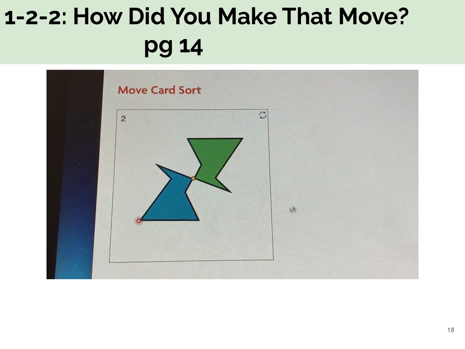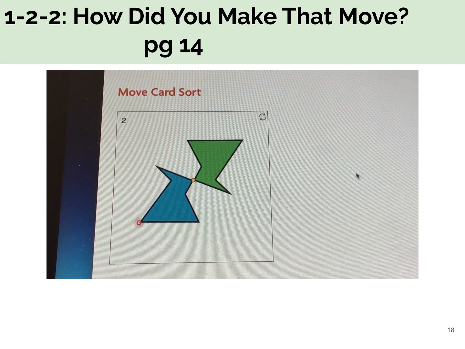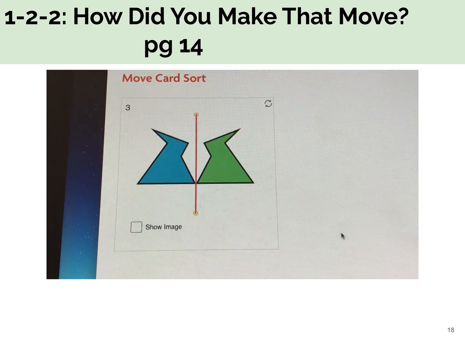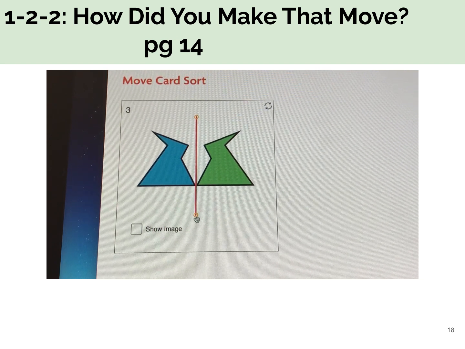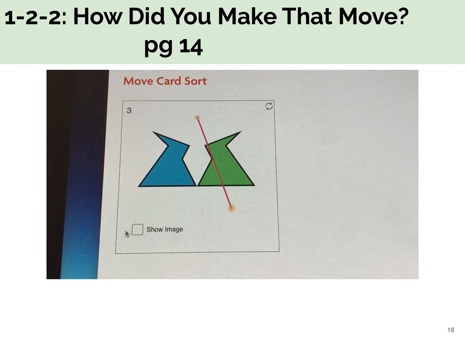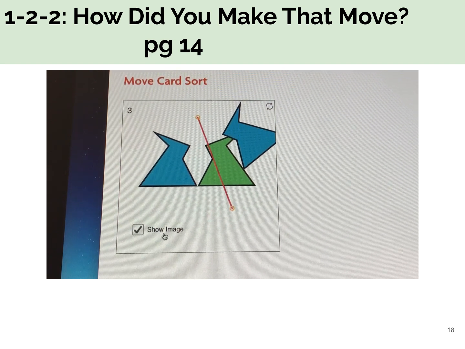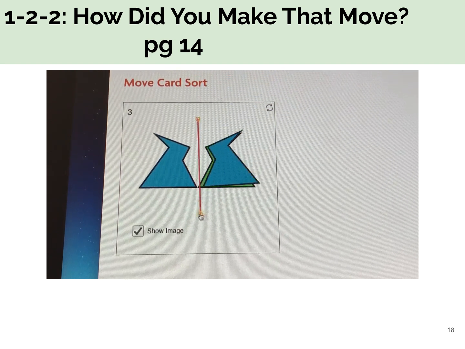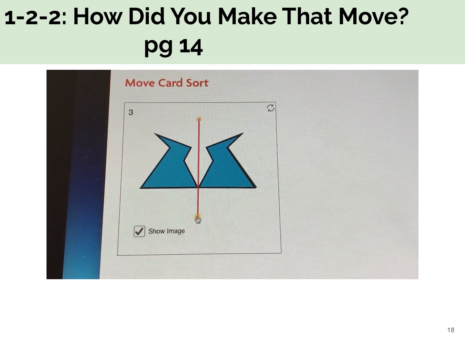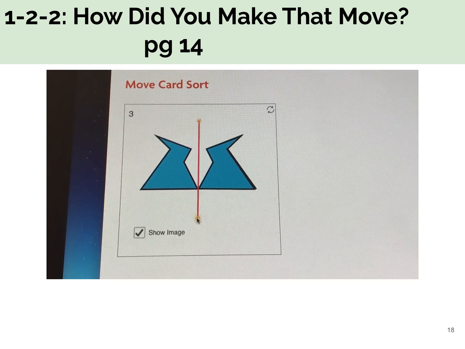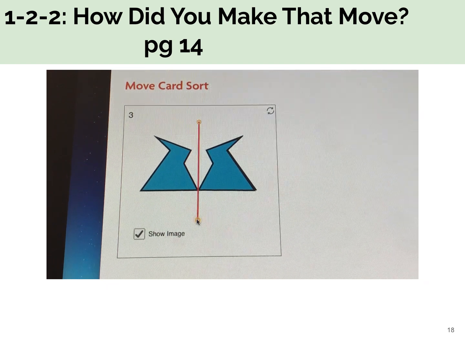This is a rotation. It is turning. This is a reflection. So notice how the two of those are reflecting to each other. So we can actually reflect it over different lines. And so notice how it can reflect over that line. It's kind of like the first thing that we did in the first day of school.